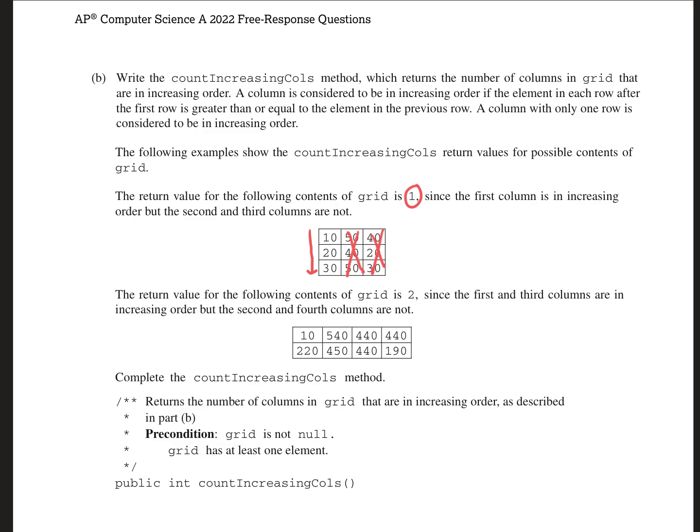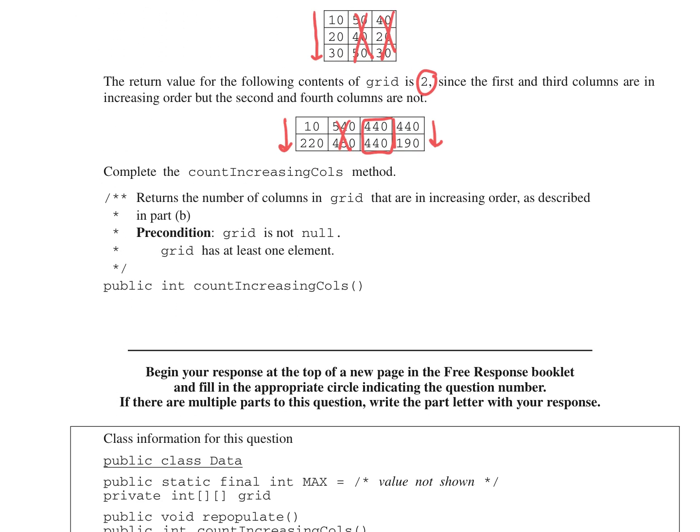Looking at the next one, this one's increasing, second column's not. Third column, I didn't read close enough, so I'm going to wait a second. And the fourth one is also increasing. It says it should be 2, so this is not completely increasing if they're equal. The grid is not null. So count the number of increasing columns.